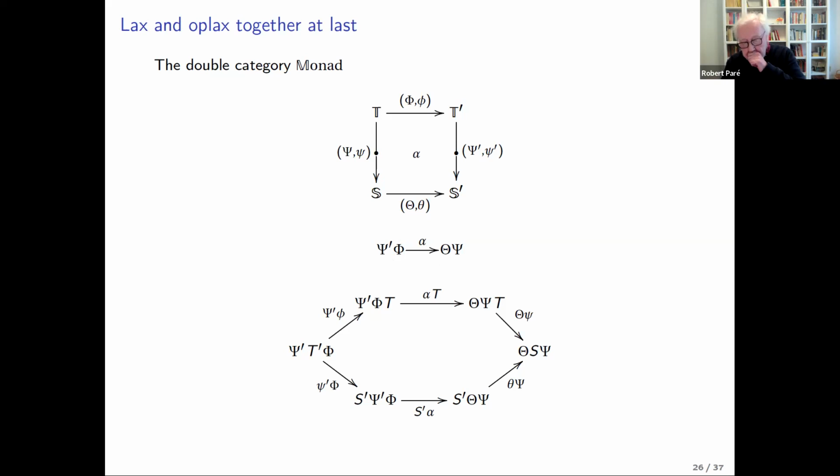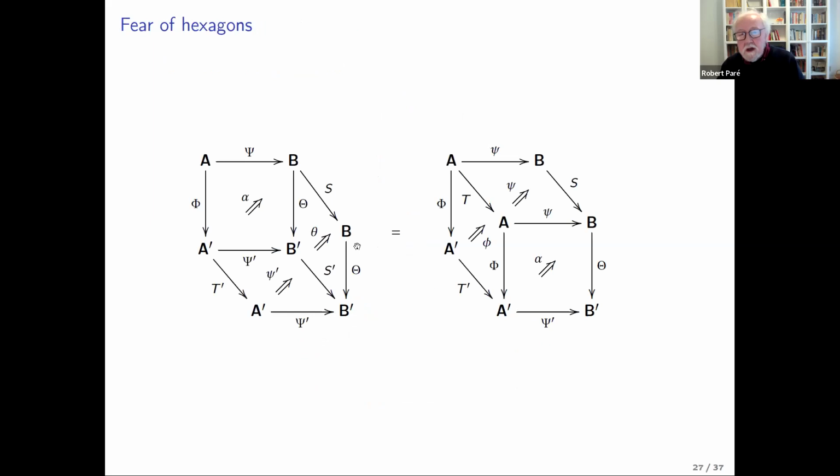Now, commutativity of hexagons might ring some danger bells for you, especially if you were a young category theorist and discovered that dinatural transformations didn't compose at all. But it could mean something else. It could mean that it's really part of a commutative cube, and that's what it is in this case.